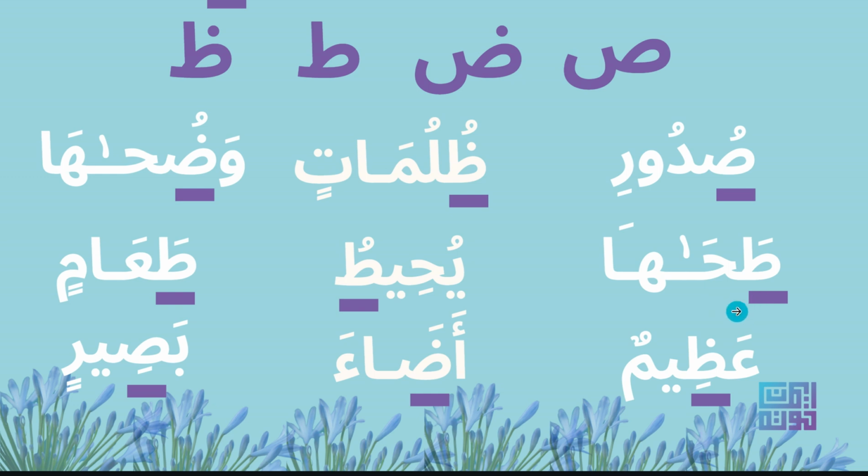Let's have a look at this one. The elevated letter is the dha. Although it's with a kasra and a ya after it, still it is elevated. One of the levels of elevations. We are not taking this now. We are going to take it, insha'Allah, in the articulations and characteristics of the letters.